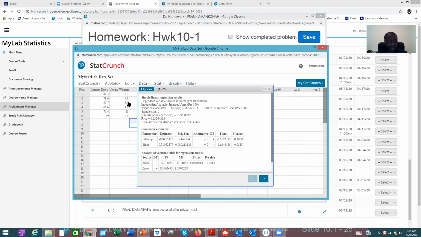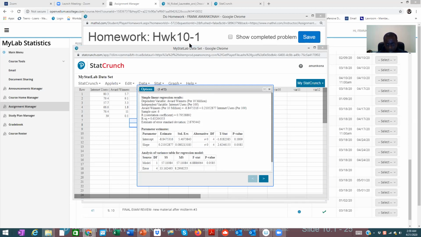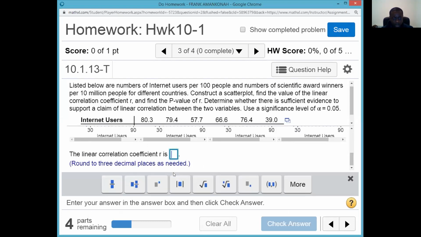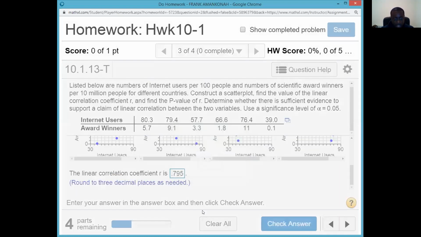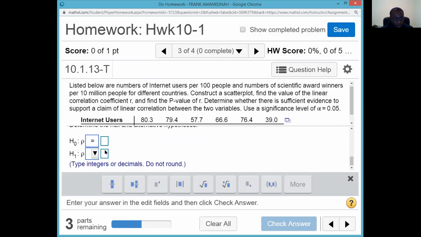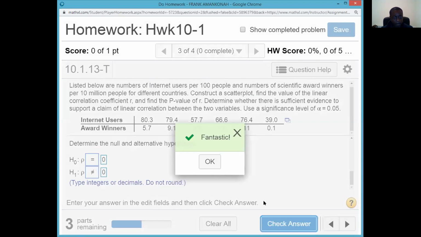So let's go back and finish up, entering the values to see if we got that right. The correlation coefficient that we calculated is, I believe, the same one, 0.795. And what is our hypothesis? Rho is equal to 0, and not equal to 0 is your alternative.